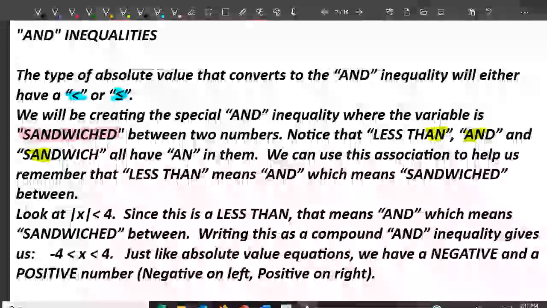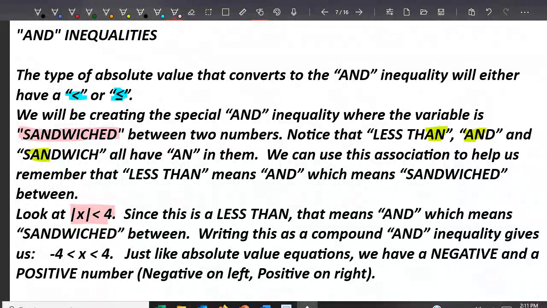Less than means AND, which means it's sandwiched between two numbers. So I want to look at this one. Since it's a less than, which means AND, that also means we're going to sandwich it between two numbers.